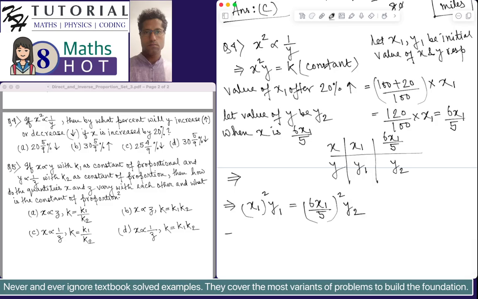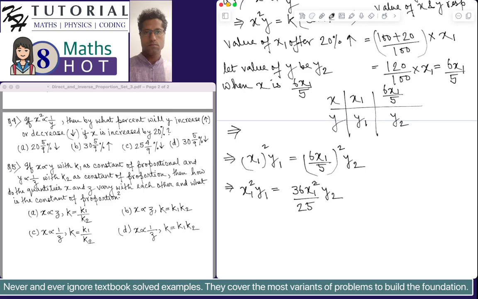So from here, if you simplify further, we have x1 square y1 is equal to 36 x1 square by 25 y2. Now x1 square cancels out from both sides and we get y2 is equal to 25 by 36 y1. So we get the value of y2 in terms of y1.